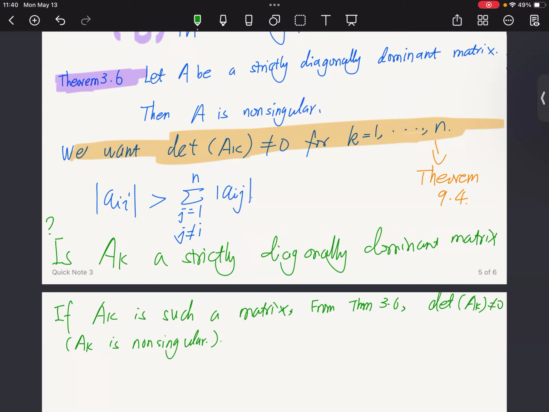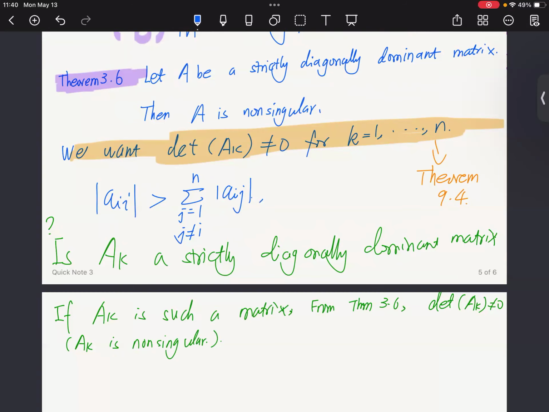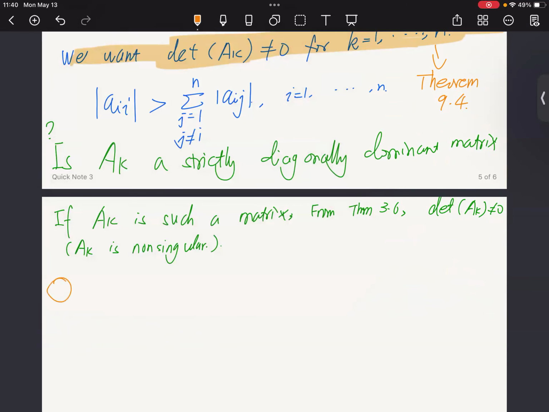So if it is, why? This is the k by k matrix, and this is the definition for A, where i is from 1 to n. Let us think about this.